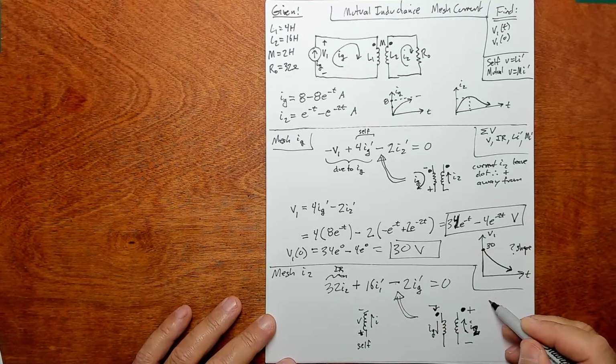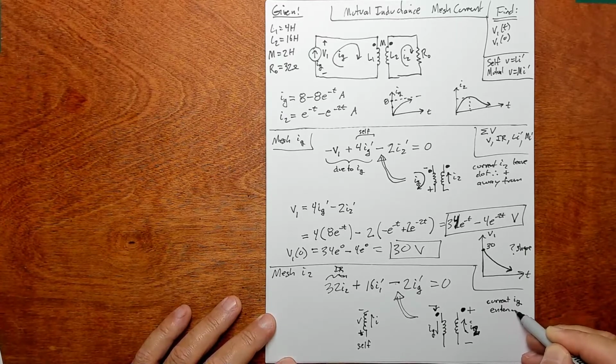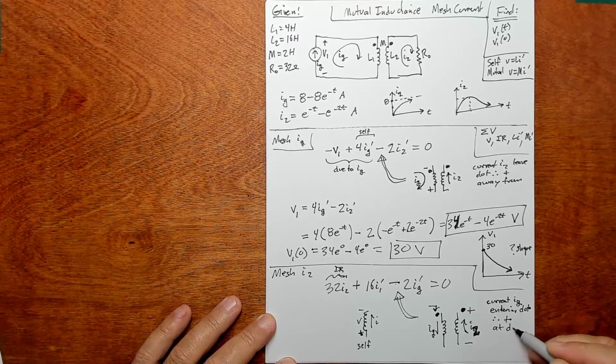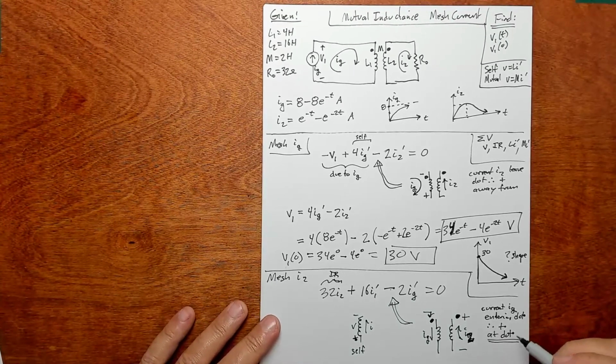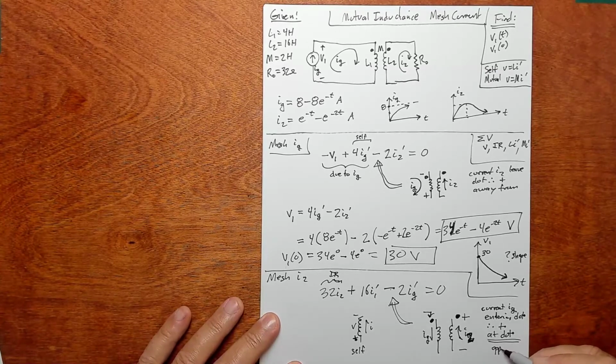I could say the current I sub G is entering the dot. Therefore, the plus is at the dot, so that's where to put the plus sign. And then how does that relate to the mesh current equation we're writing? It's opposite the mesh direction, so it's negative.